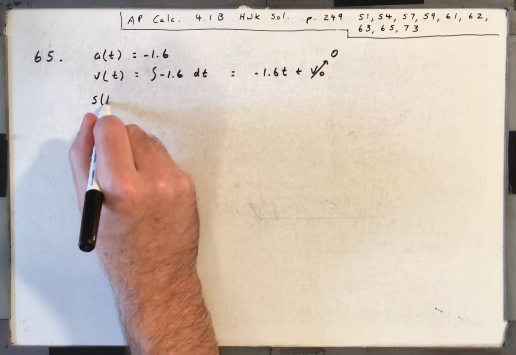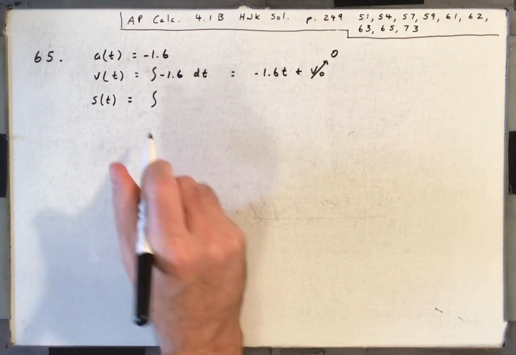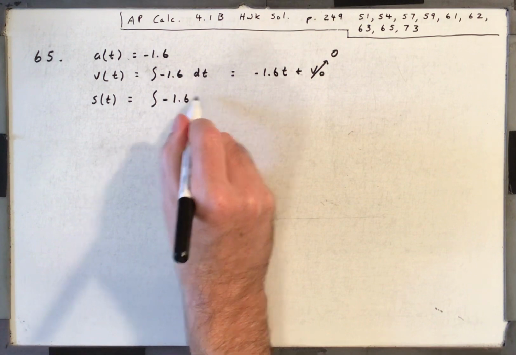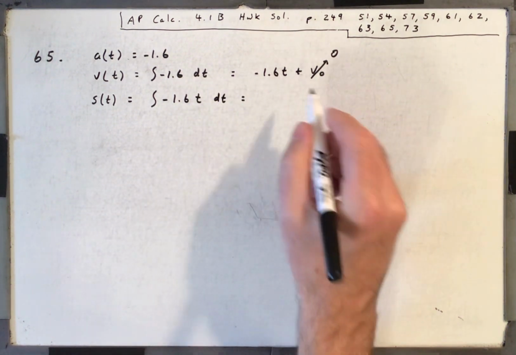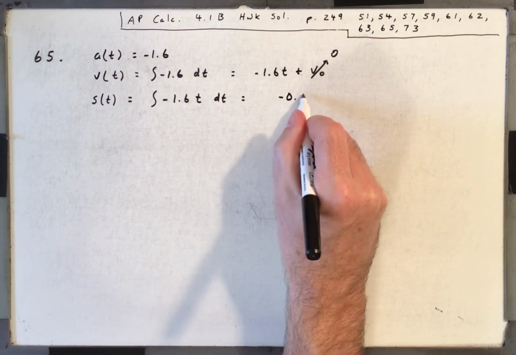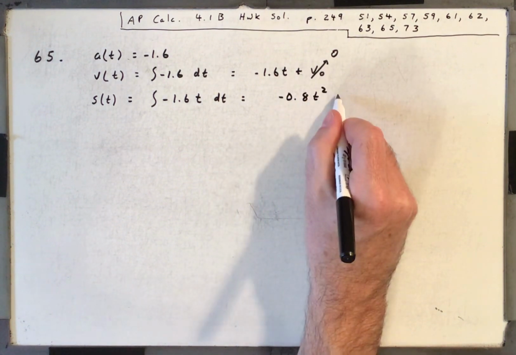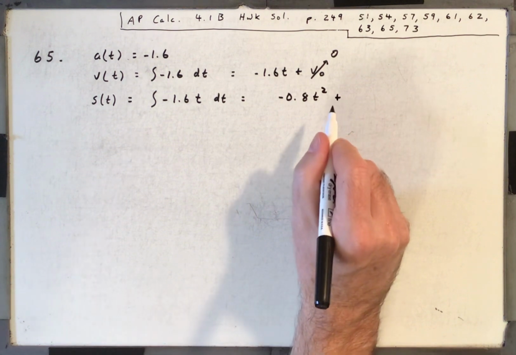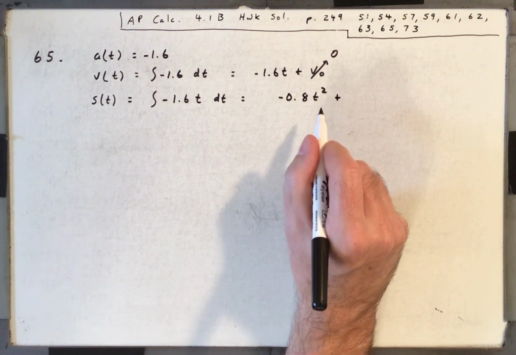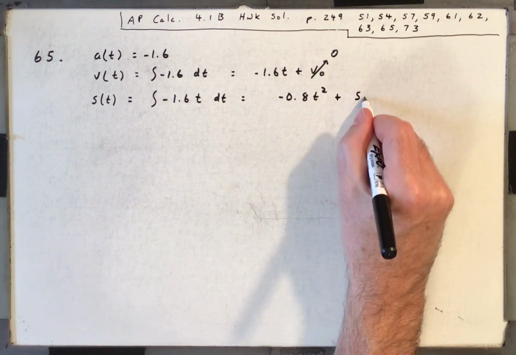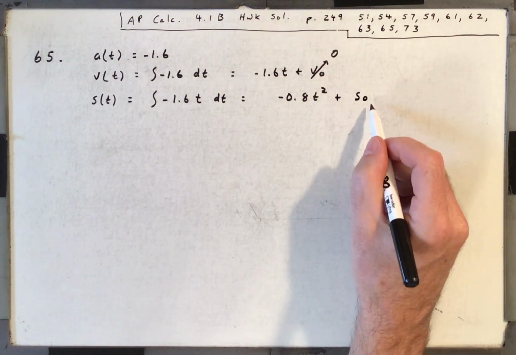And then S of t will integrate minus 1.6 t dt. So that's going to be minus 0.8 t squared plus S naught, which we are trying to find.